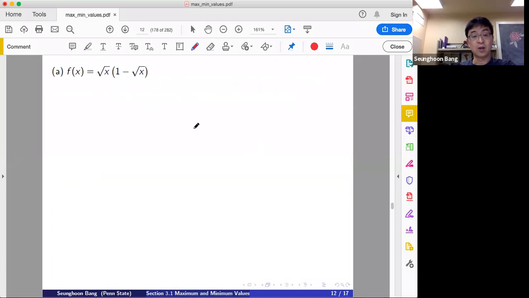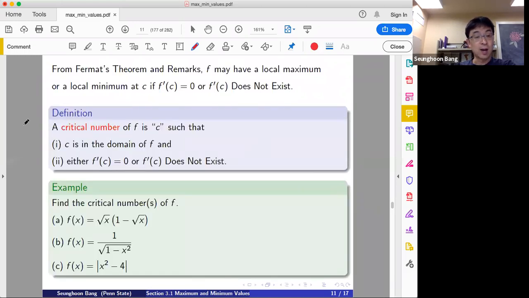First one, f of x equals the square root of x times 1 minus root x. My question is to find the critical numbers. What's step 1? You can calculate f prime first. Next, find c values where the first derivative equals 0 or does not exist. The last step is to check whether the point is in the domain or not.